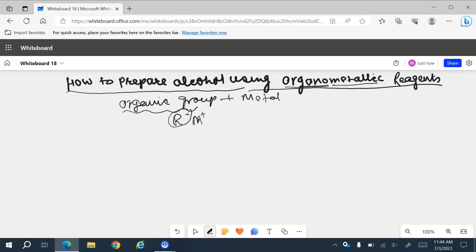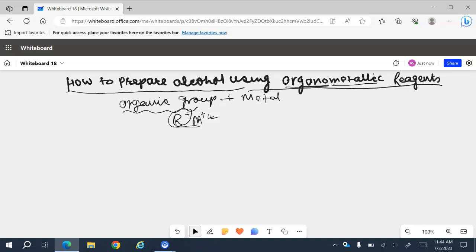Because of this negative carbon-containing organic group, these reagents are very reactive and can produce a variety of products. And among those, alcohol is one very important compound that can be synthesized using such organometallic reagents.